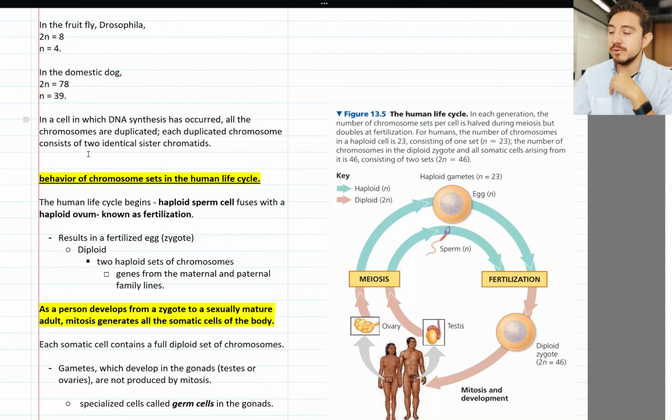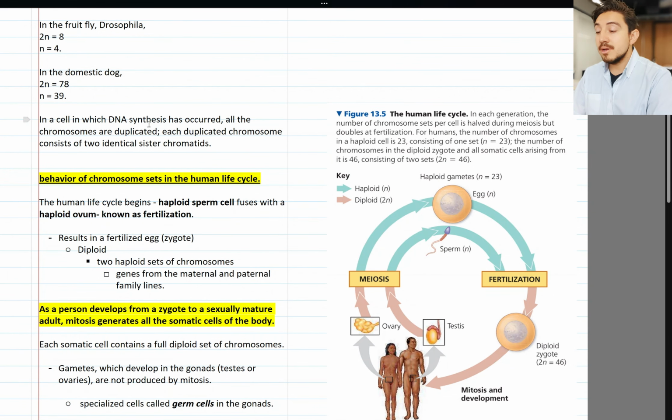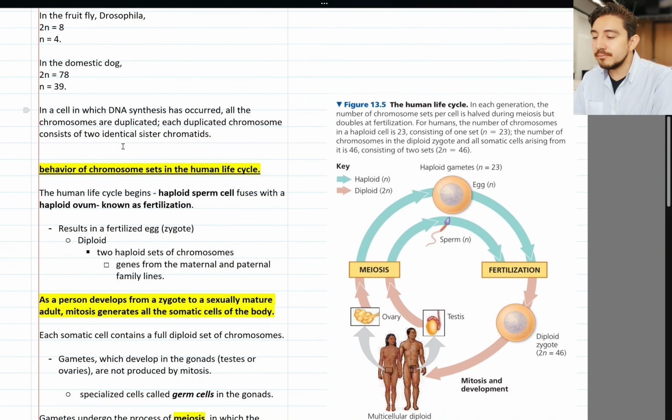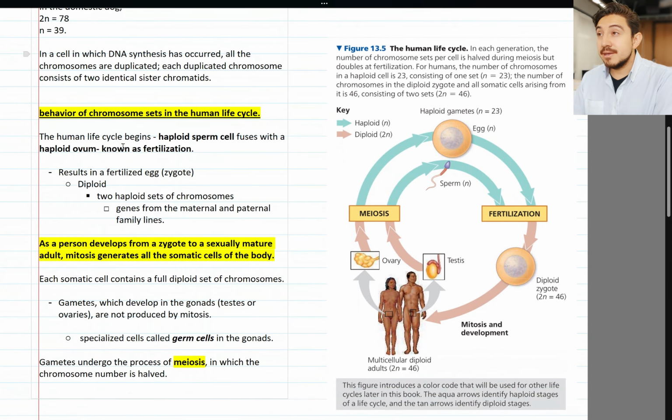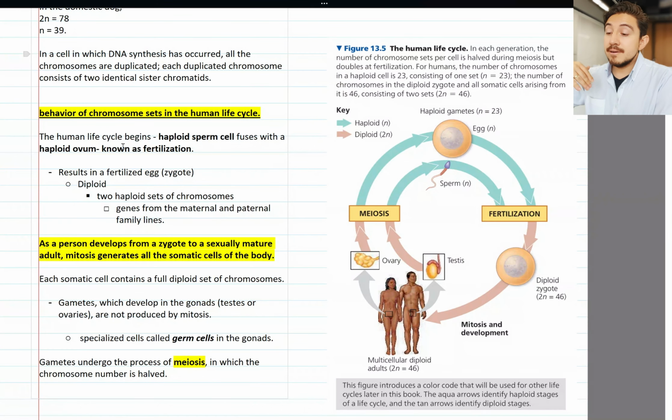So in a cell in which DNA synthesis has occurred, all the chromosomes are duplicated. Each duplicated chromosome consists of two identical sister chromatids. The S phase of interphase, if you remember, is where DNA synthesis occurs, and any body somatic cell will always copy its chromosomes.